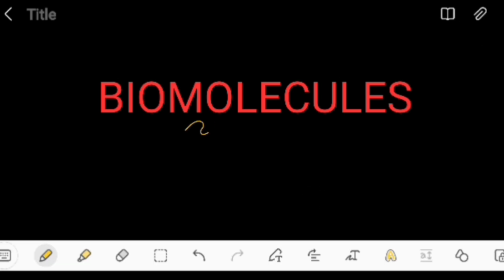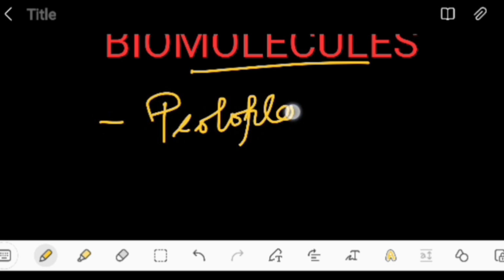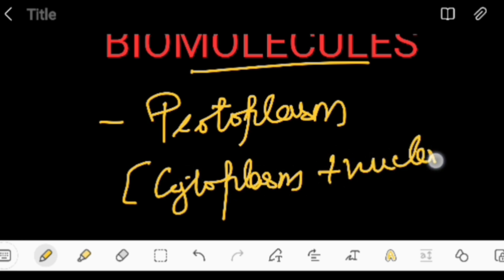Now, what do we know about biomolecules? Biomolecules are molecules, different types of molecules, that are present in protoplasm. You know what protoplasm is, right? That is cytoplasm plus nucleus, what you call protoplasm.